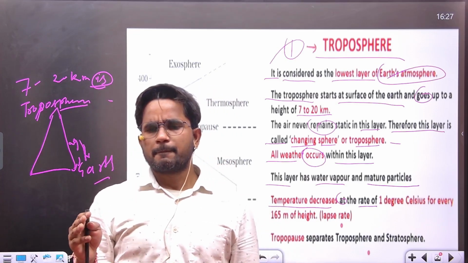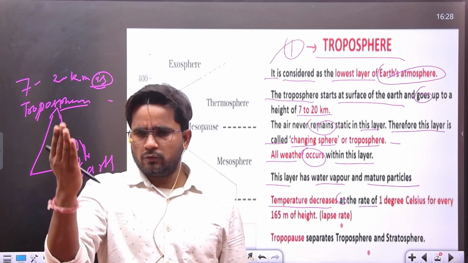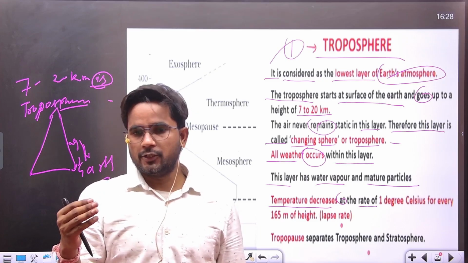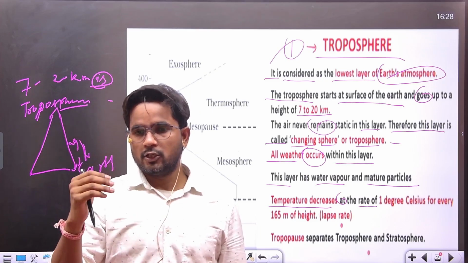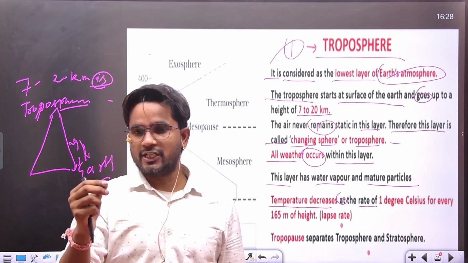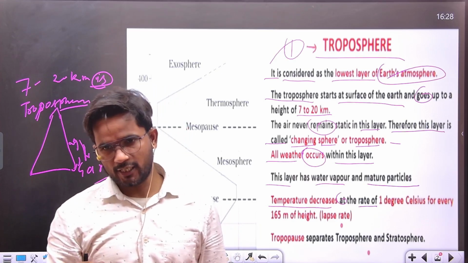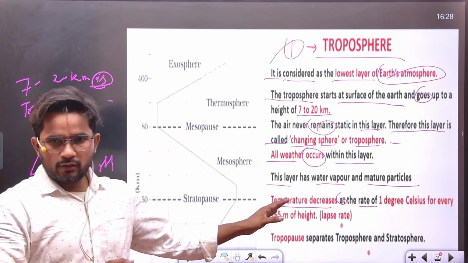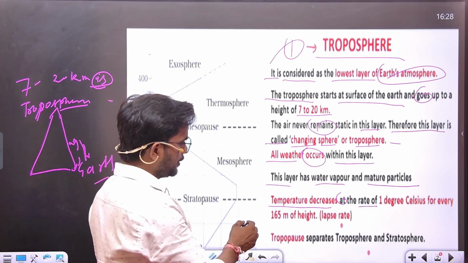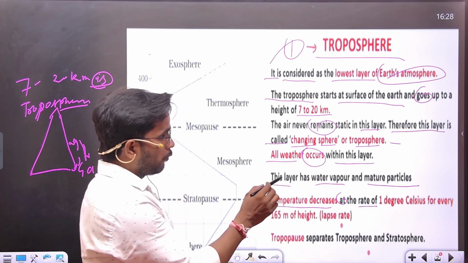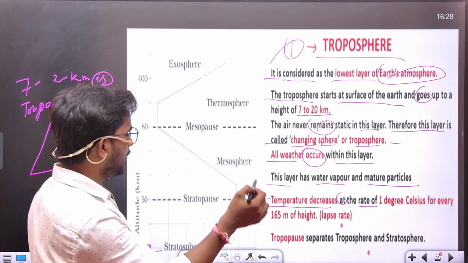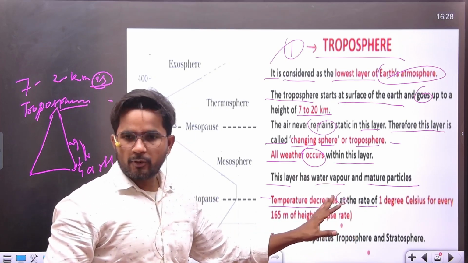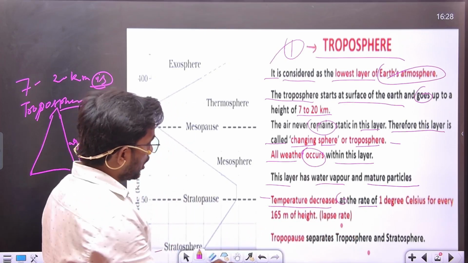This is called the lapse rate. Understand point?